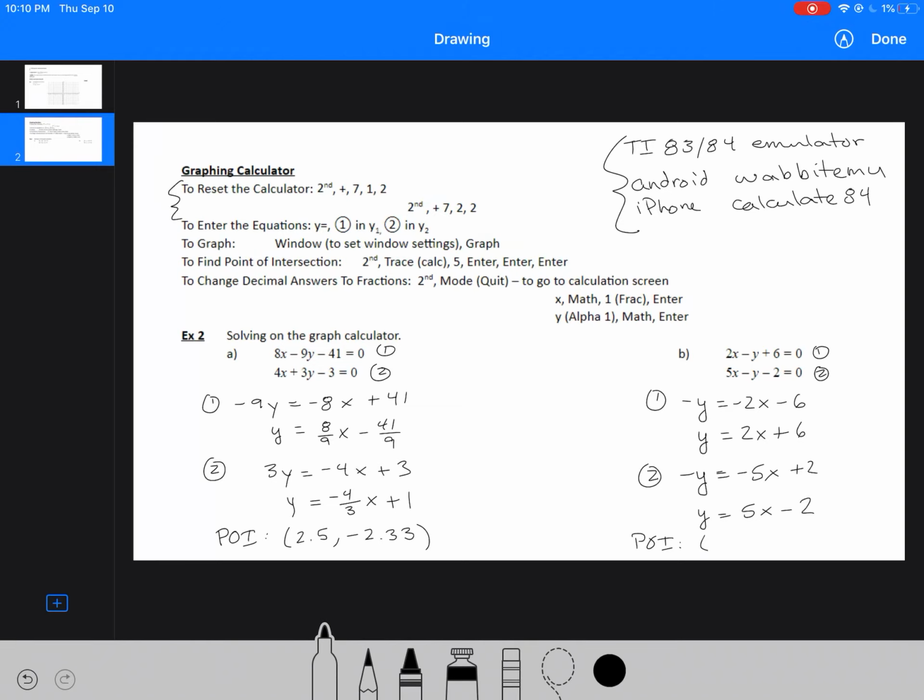So I modified the maximum value on my y so that I could see 50. Now I see the point of intersection. I'm going to identify my curves, make a guess by moving the cursor, and it spits out a point of intersection. You can see by the decimal answers that these two would have been very challenging to graph by hand. Using technology and graphing the lines is an excellent way to solve a system of equations.